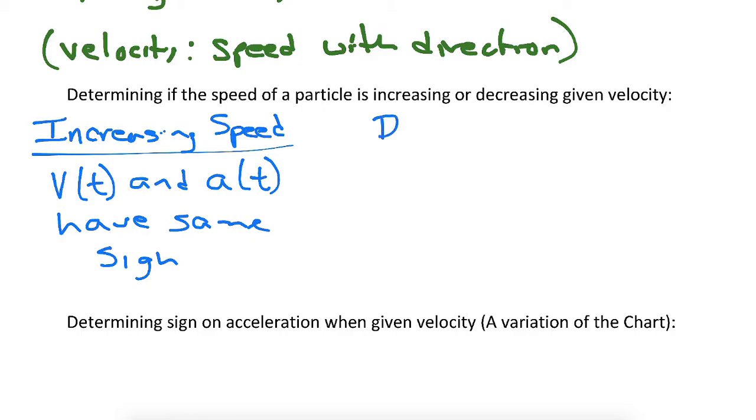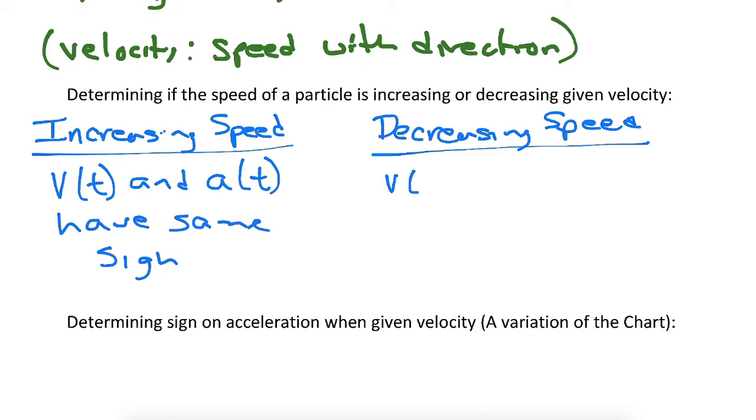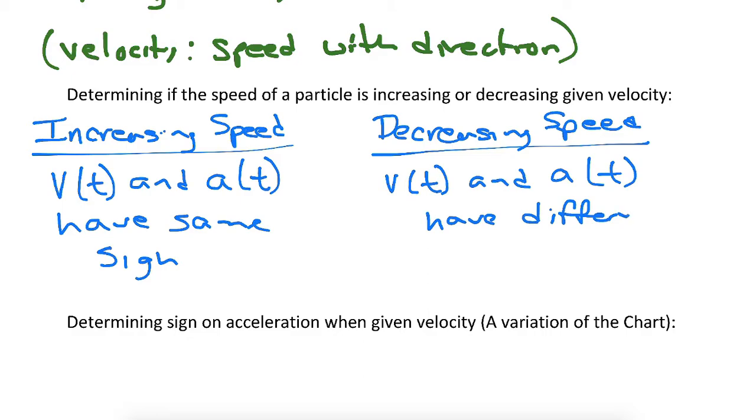So then decreasing speed is when v of t and a of t have different signs. If velocity is positive and acceleration is negative, those two forces are working against each other. Speed would then be decreasing.